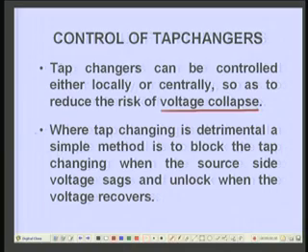That is, when you try to increase the voltage, the reactive power flow increases and the voltage drops. Therefore, where the tap changing is detrimental, a simple method is to block the tap changing when the source side voltage sags and unblock when the voltage recovers. That is again a very centralized control.